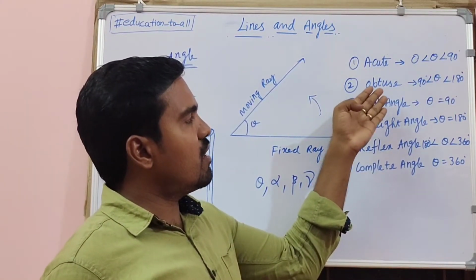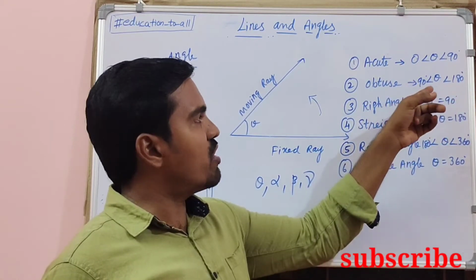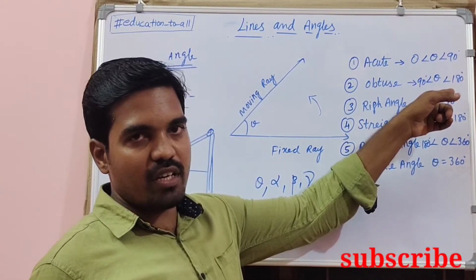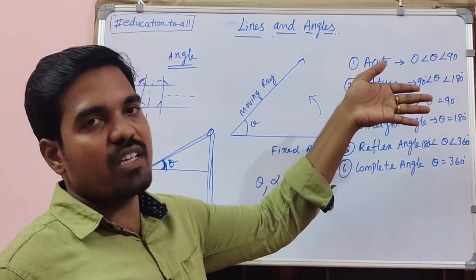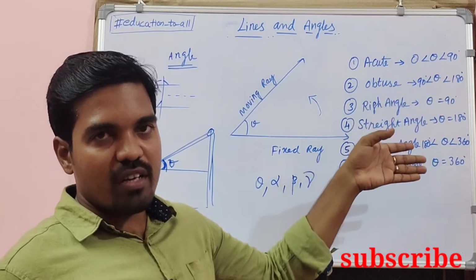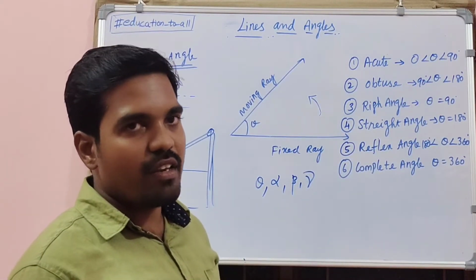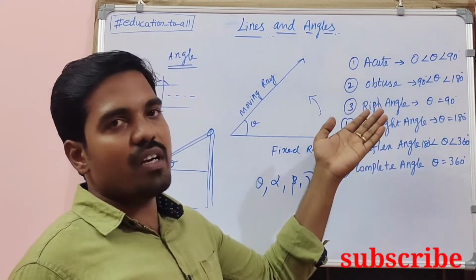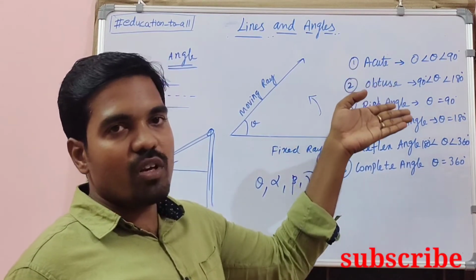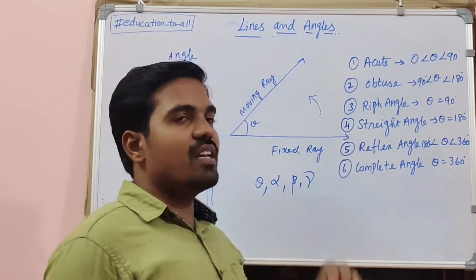An obtuse angle lies between 90 and 180 degrees, which is more than 90 and less than 180. For example, 135 is more than 90 as well as less than 180, so 135 comes under the obtuse angle category. In the same way, 40 degrees comes under the acute angle category because it is between 0 and 90 degrees.